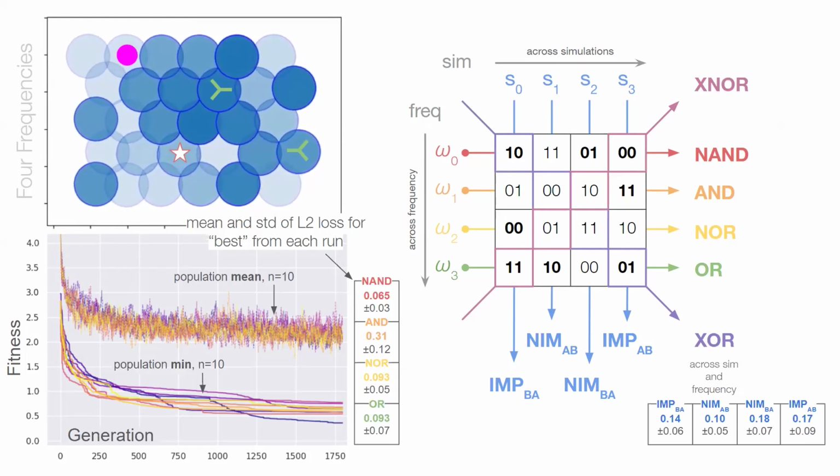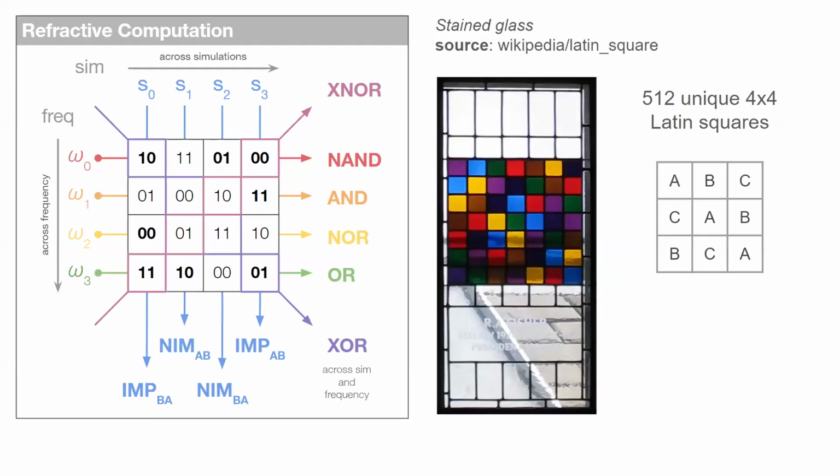And it turns out that for a 4x4 matrix having four possible inputs, there are 512 of these matrices. These are Latin squares. A Latin square is just a matrix where you don't repeat a value for any row or column. So because the identity of these parallel gates is sensitive to the precise ordering of this input matrix, if you change the ordering, you get different parallel gates.